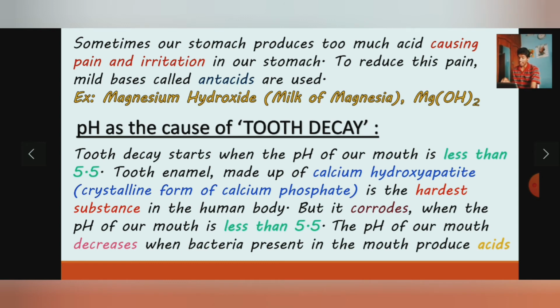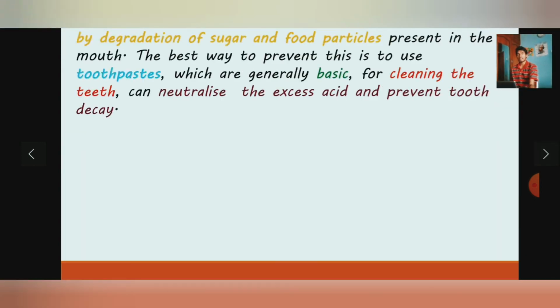So why does this pH decrease? It is because the bacteria present in the mouth start producing acids by degradation of sugar and food particles. So if you don't brush your teeth properly, the bacteria in your mouth start converting that sugar and that food particles into acid, and the pH level drops to less than 5.5, which leads to tooth decay.